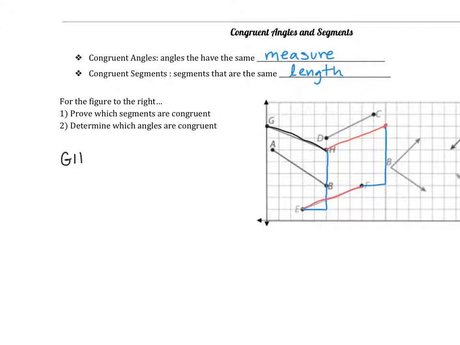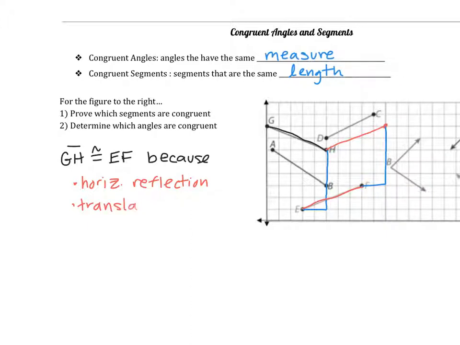So we can say that GH is congruent to EF, and we can say because, and then we can list the transformations we used. So first we did a horizontal reflection, and then we translated, and we went left 2, down 6.